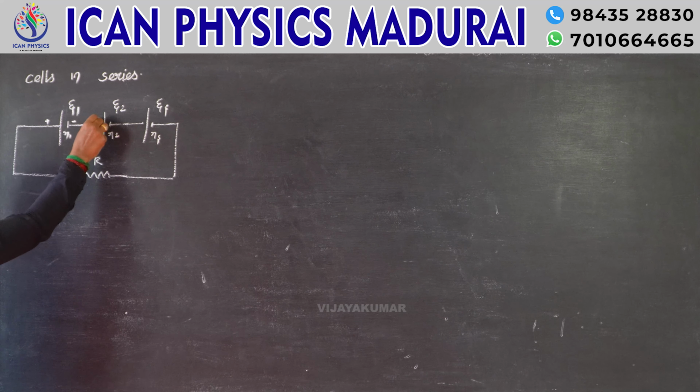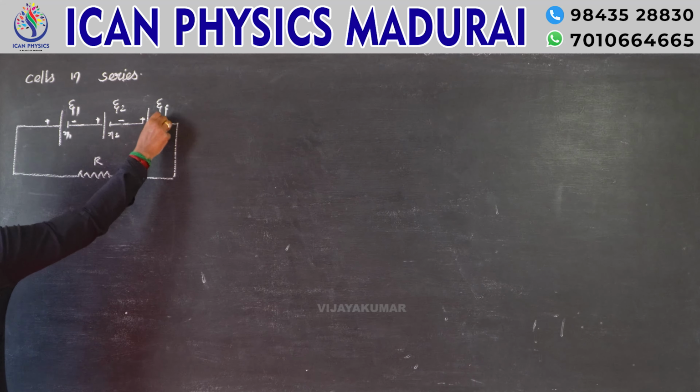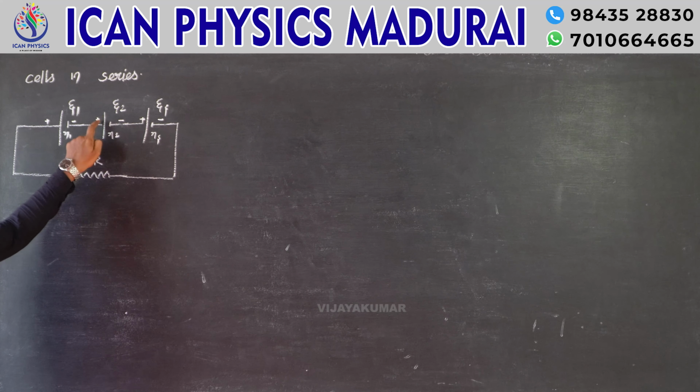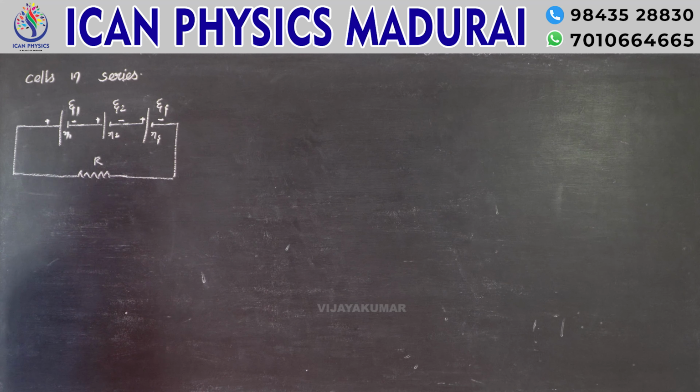Just look at how it is connected: the positive terminal is connected with the negative, then it is said to be cells in series.